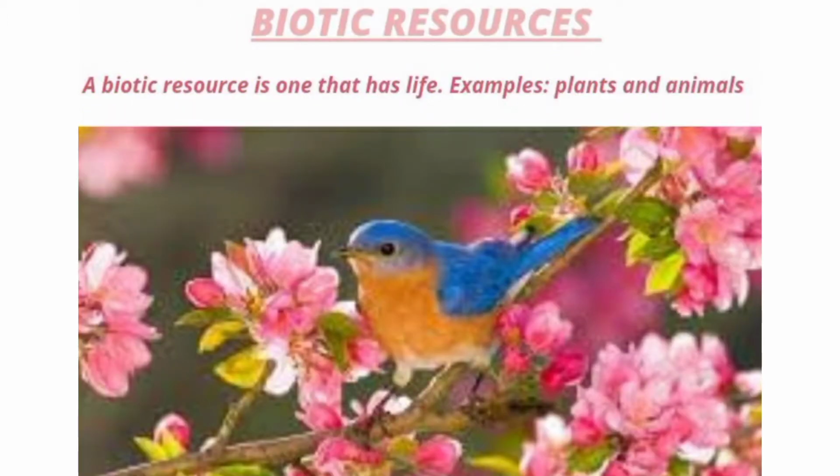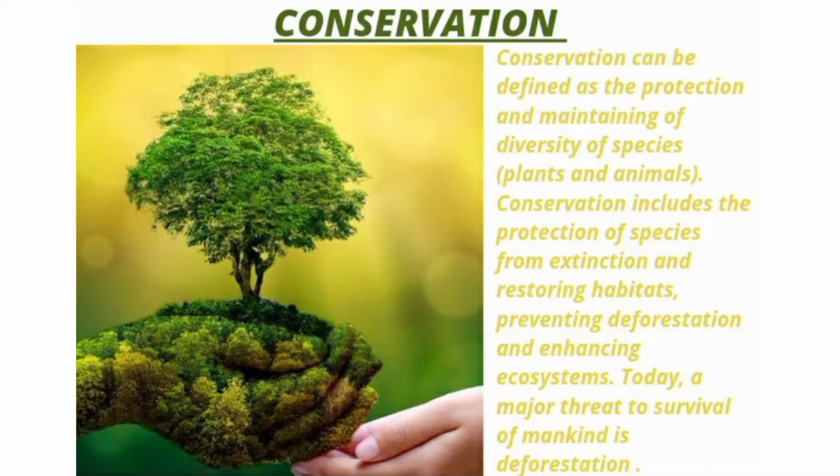Biotic resources. A biotic resource is one that has life. Example, plants and animals. Conservation. Conservation can be defined as the protection and maintaining of diversity of species, plants and animals.